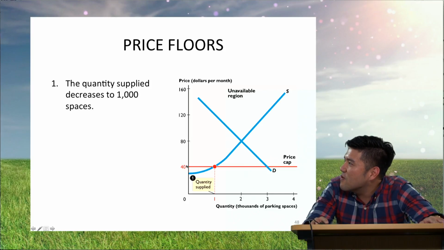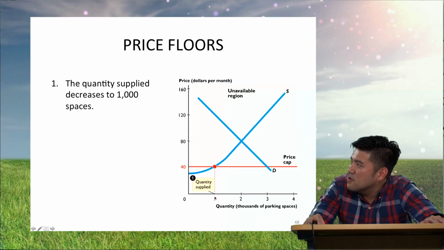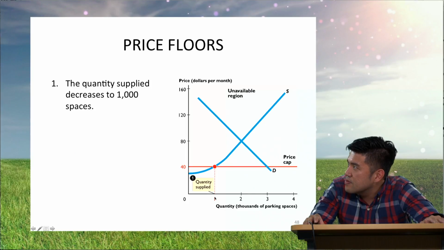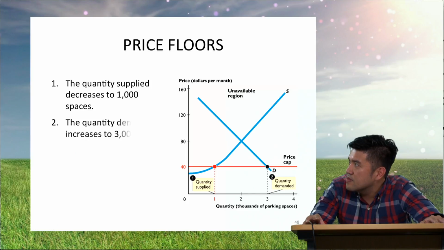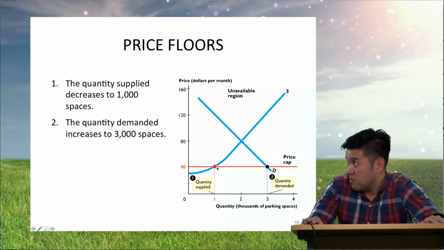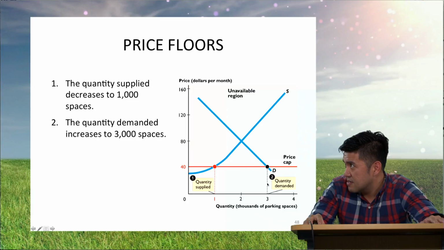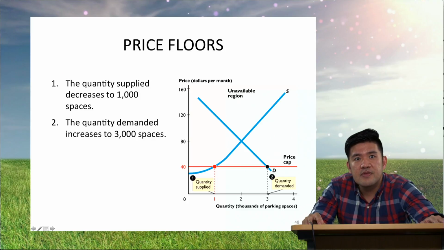At only $40 a month, quantity supplied will be only 1, but quantity demanded will be 3.